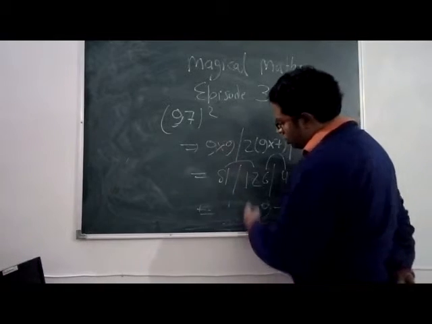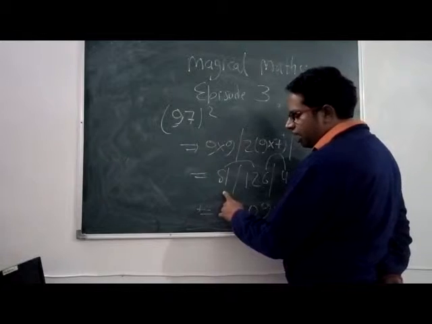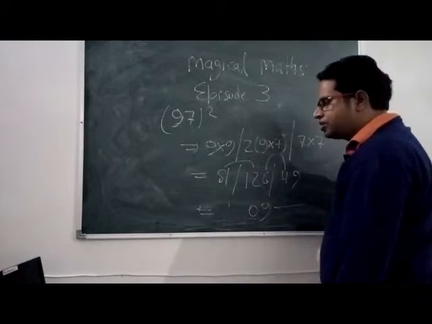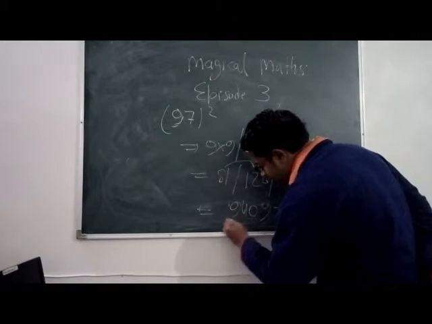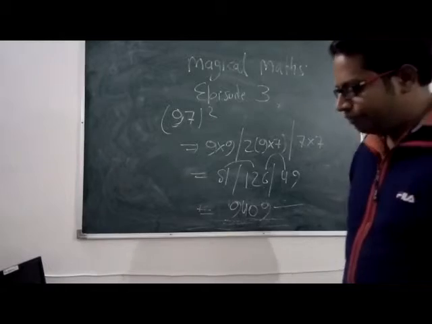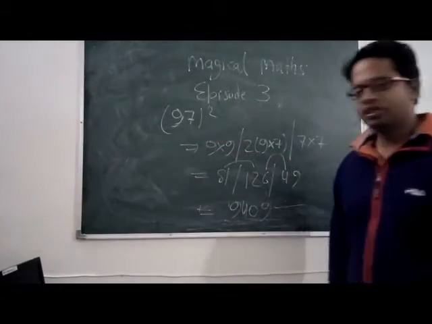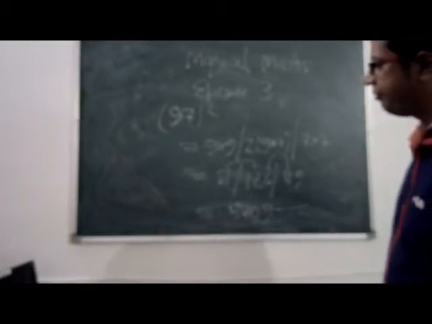So now it becomes 81 plus 30. 81 plus 10 is 91, plus 3 is 94. The answer is 9409. Okay, so these are the things from which you can get the answer as fast as possible by using the square method, right?